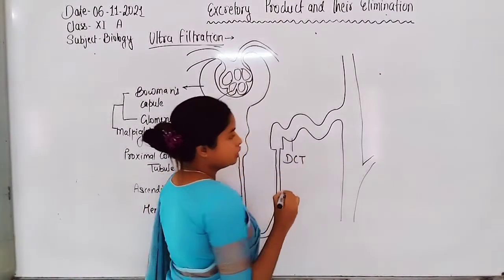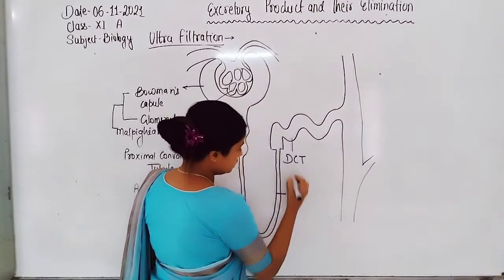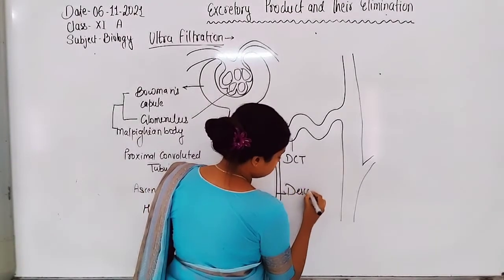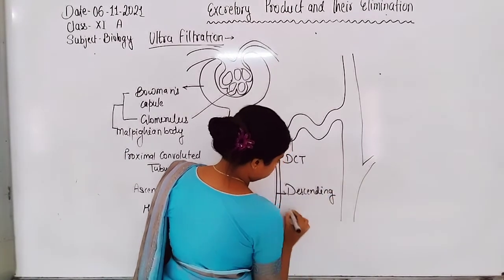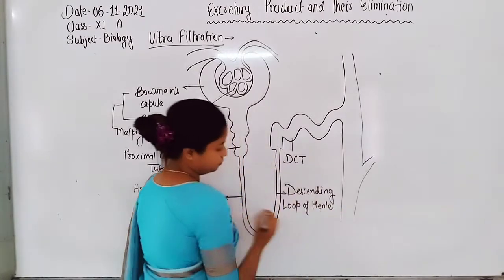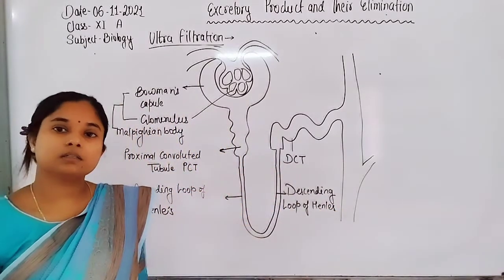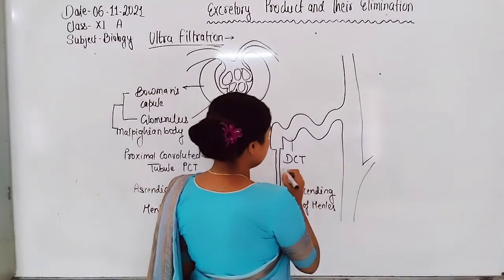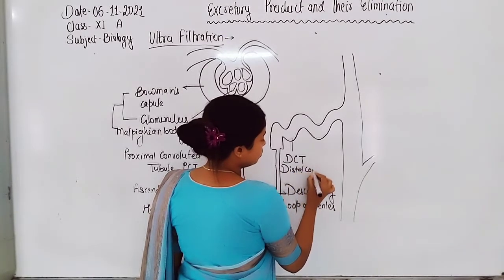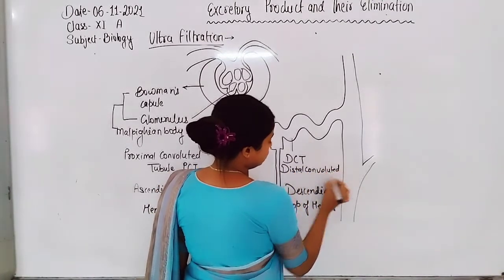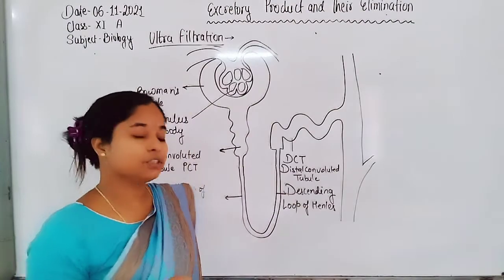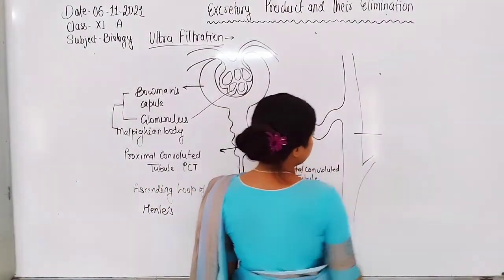The loop of Henle continues into the DCT, the distal convoluted tubule, and here is the collecting duct.